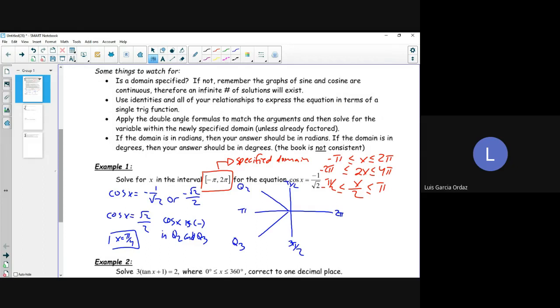So remember, our restriction is from negative pi to 2 pi. Since root 2 over 2 is represented by pi over 4, how am I breaking up each quadrant?